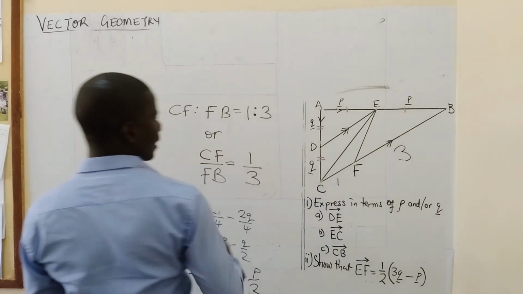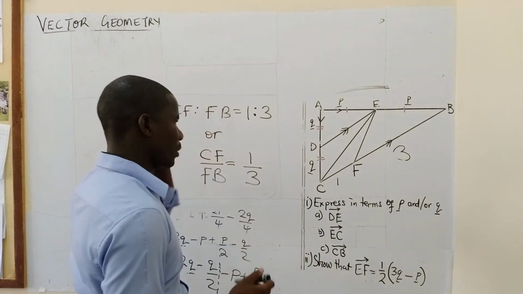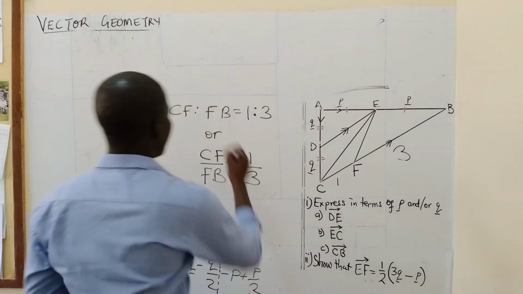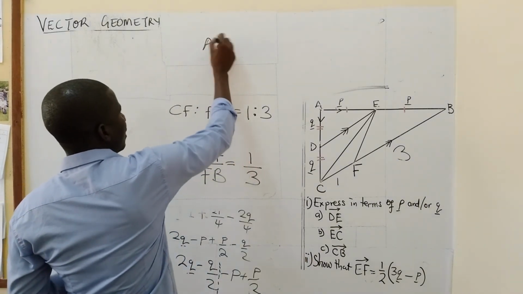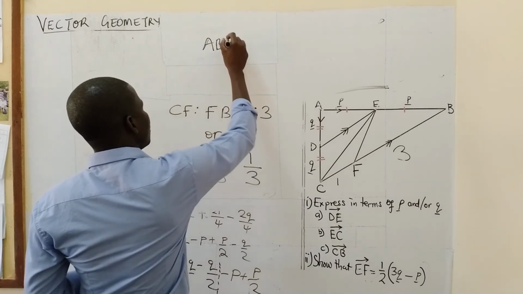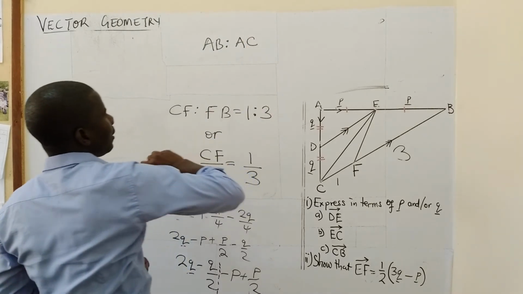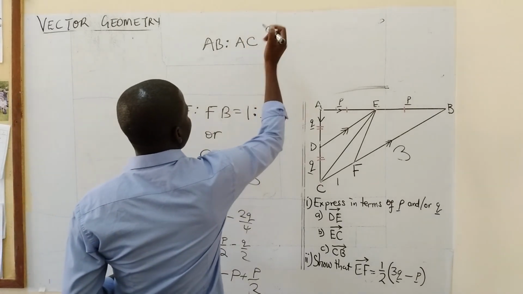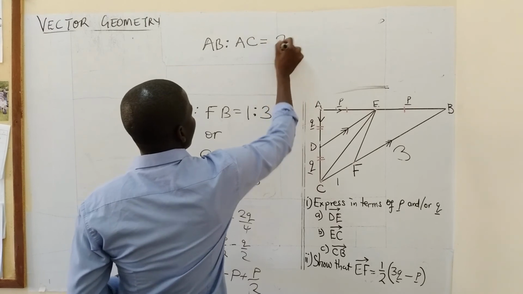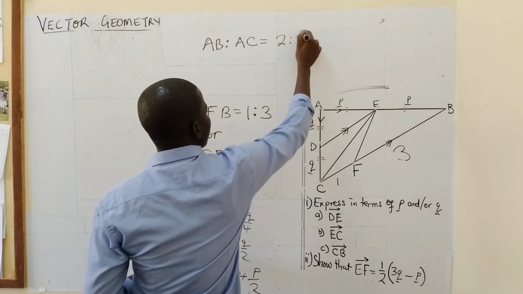Maybe other concepts can be dealt with as we go on, because there are also cases where you can have AB to AC. Then the ratio here is given as 2 to 5, sorry, 2 to 5.